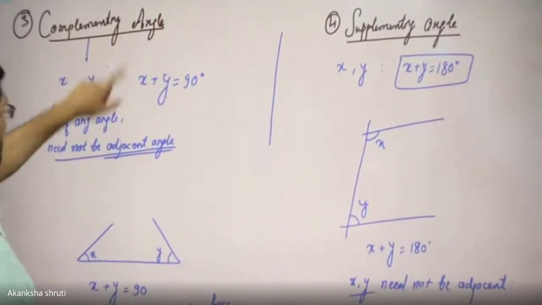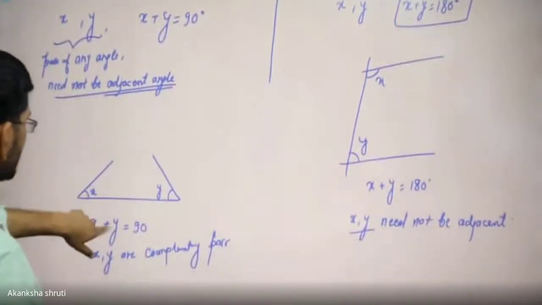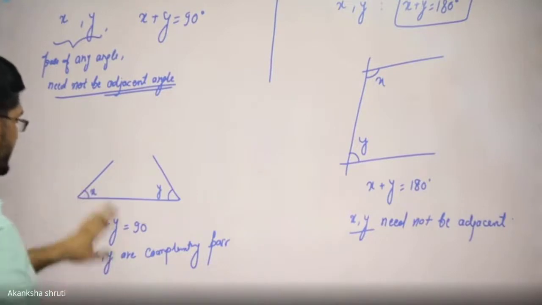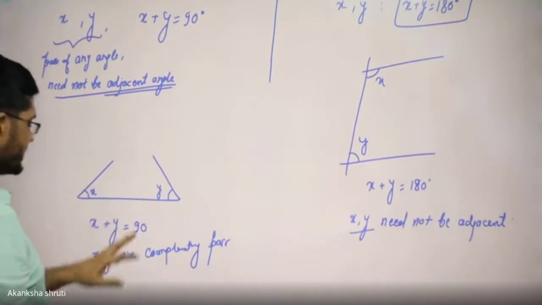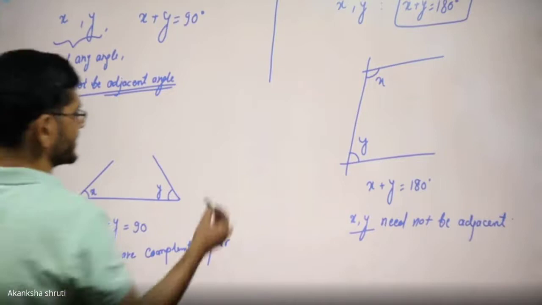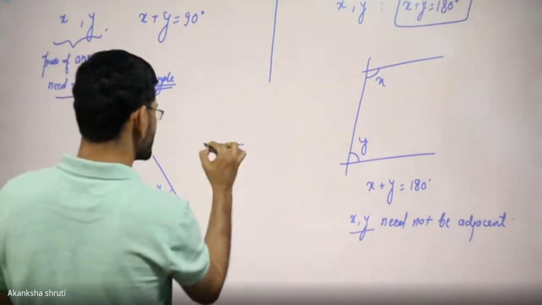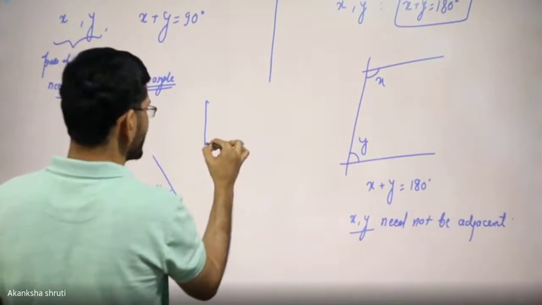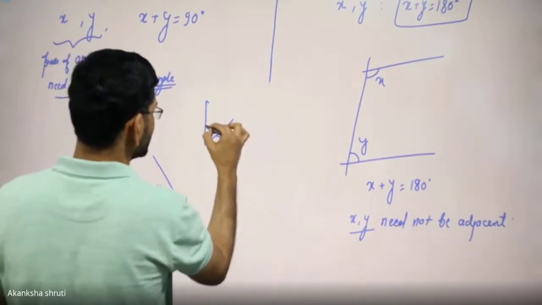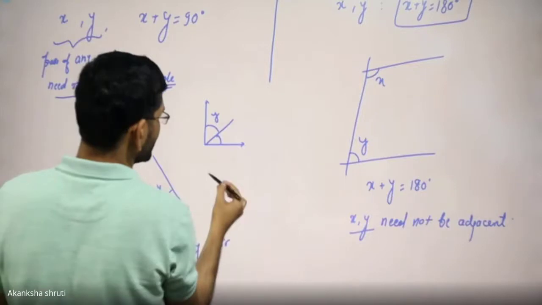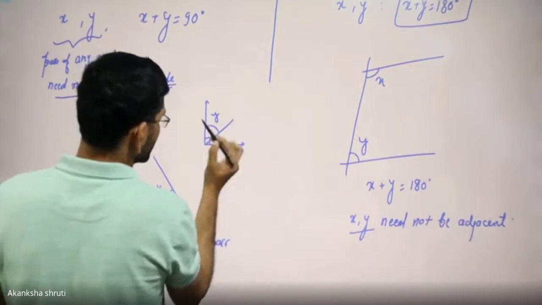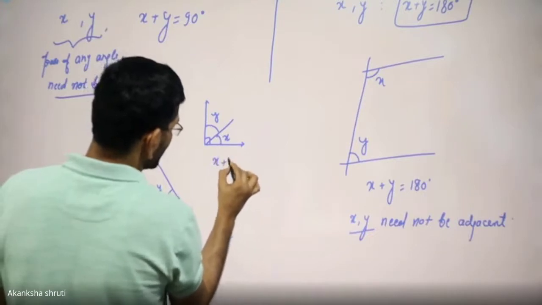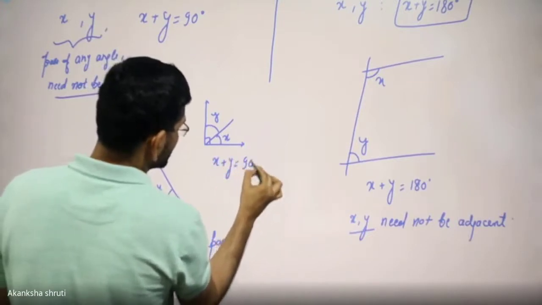Students, in complementary angles, the sum of these two should be 90 degrees. Here, this X and Y need not be adjacent. It is even possible that if we have a right angle triangle, or even the right angle and one angle is X, another angle is Y, and if it is written here with this symbol, then this X plus Y is equal to 90 degrees.